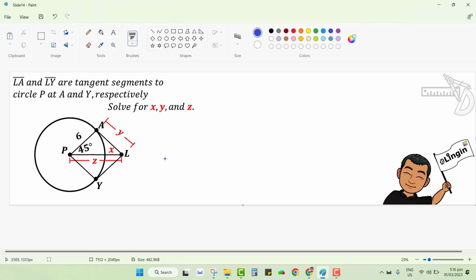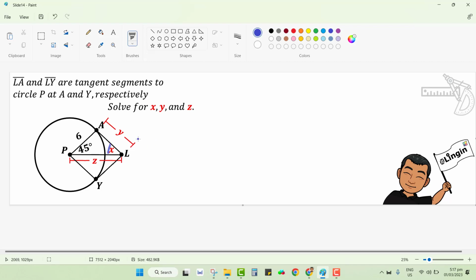First, let us determine the specific concepts signified by each variable. Here, x represents this angle, which is formed by the tangent segment LA and the segment formed by connecting the center of the circle to the same exterior point where the tangent segment is drawn. In short, it's an angle.